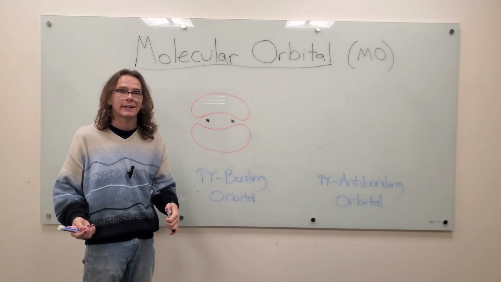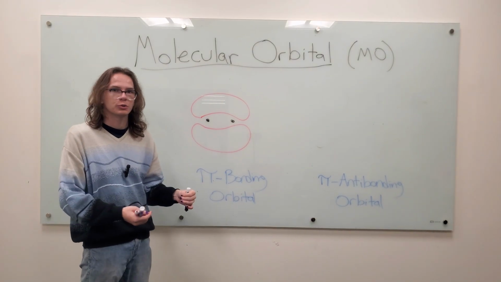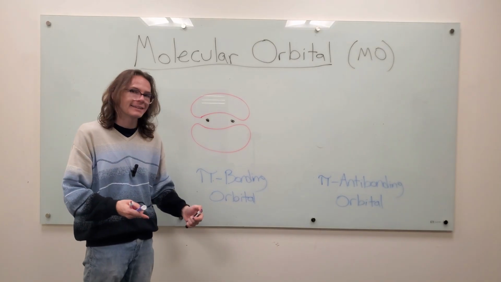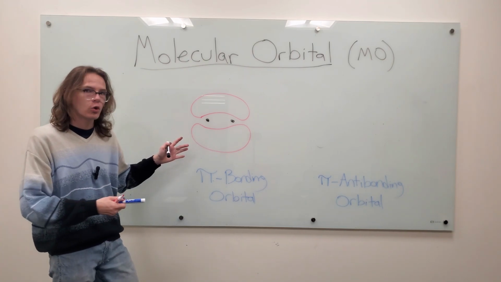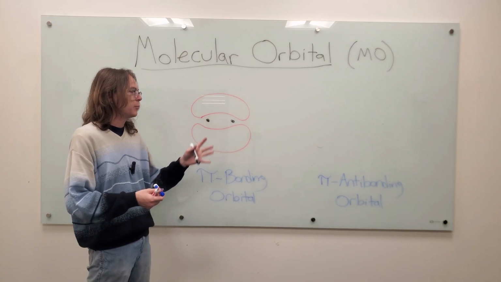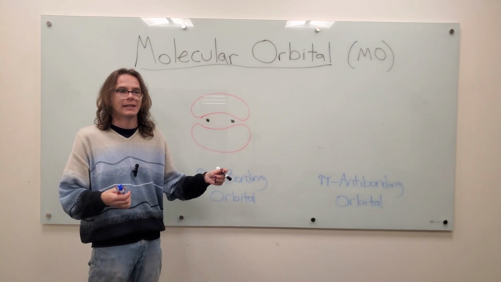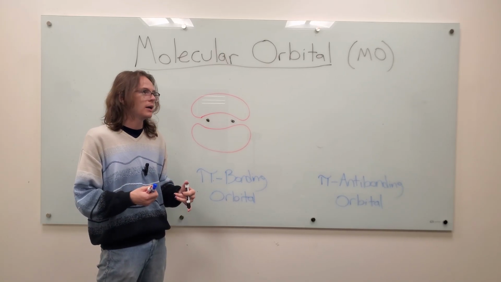And so recall earlier I said that when we add the positive nodes, we get these bonding orbitals, but when we combine orbitals subtractively, we get anti-bonding orbitals. The bonding orbitals contribute to the bonding of this molecule, but these anti-bonding orbitals, when electrons inhabit them, actually diminish from the overall bonding of the molecule.